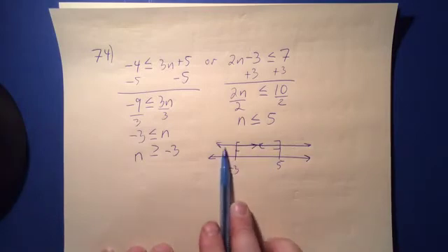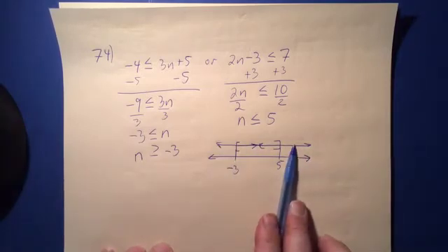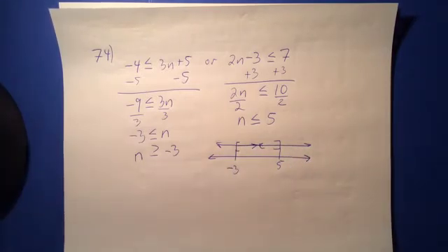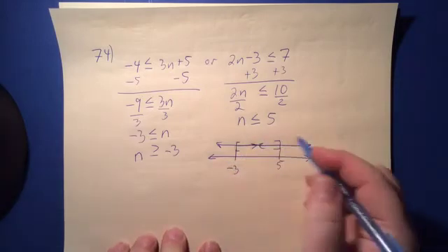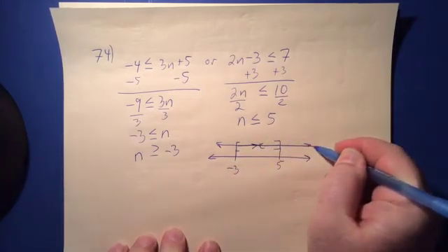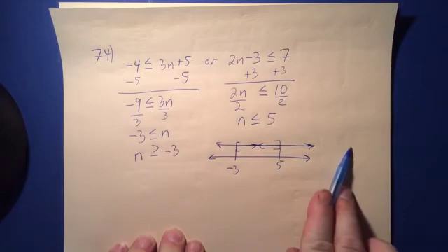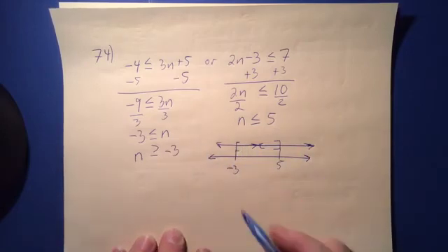So basically, any value that we put on this number line is going to make at least one of them true, which essentially means that the arrows are going to go all the way from negative infinity to infinity.